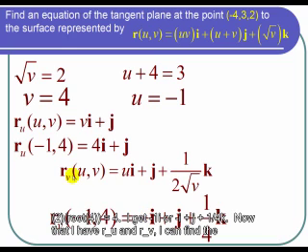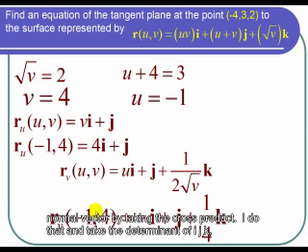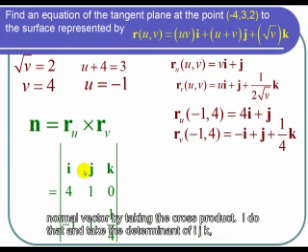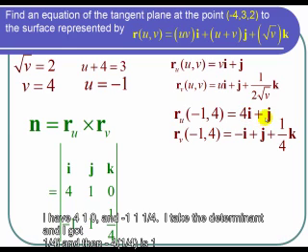So now that I have r sub u and r sub v, I can find the normal vector by taking the cross product. I take the determinant of i, j, k; 4, 1, 0; and -1, 1, 1/4.